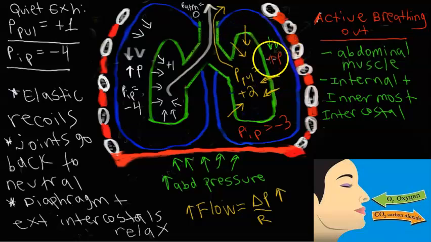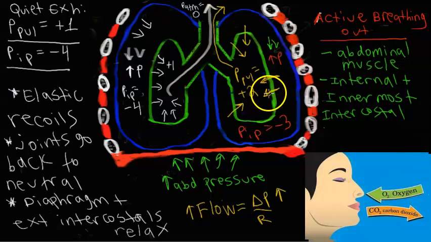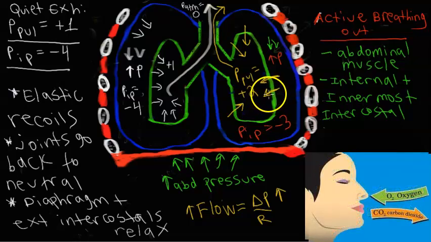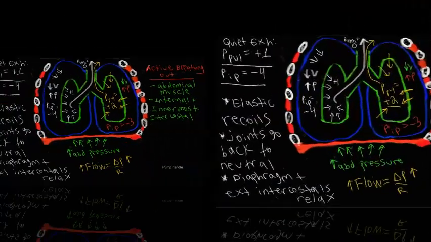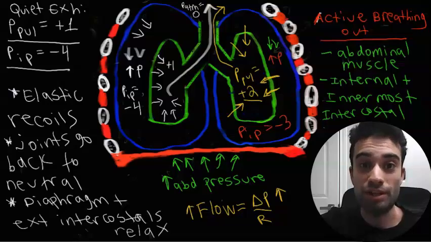According to Boyle's law, the pressure will go up approximately to -3, and that's gonna push on the lungs further to collapse it even more, in addition to the forces that we discussed in quiet expiration, such as the elastic recoil and the relaxation of the diaphragm and the external intercostal muscles.